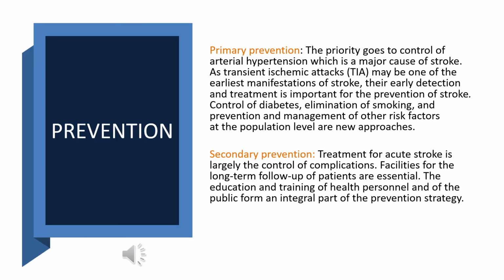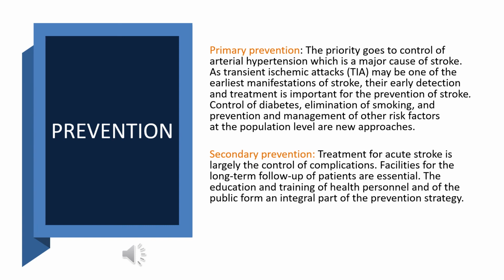Finally, we will talk about the prevention strategies that can be adopted for prevention of stroke. So in primary prevention, we know that hypertension is the single most important risk factor for development of stroke. So all the preventive strategies that can be applied to control of hypertension are relevant here as well.